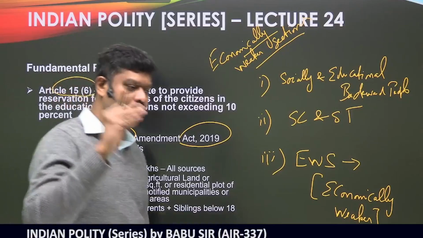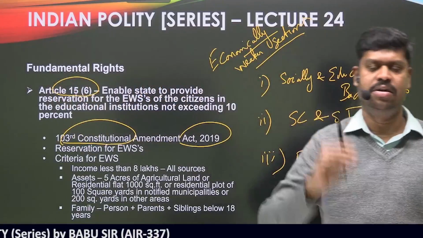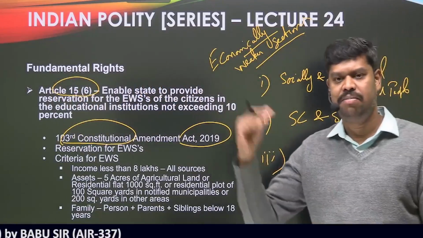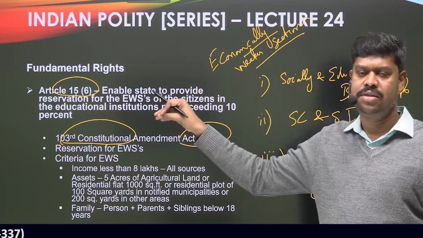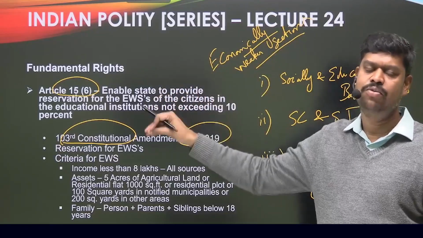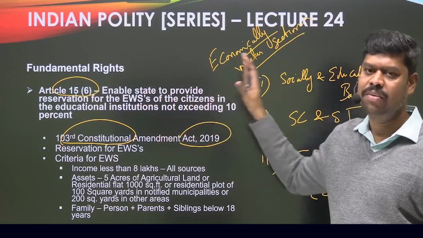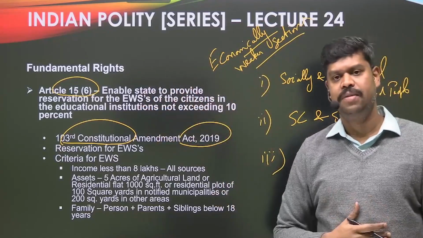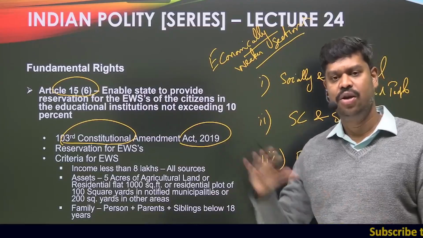So in order to provide reservation to the economically weaker sections, up to 10% in educational institutions, be it public or private, Article 15 Clause 6 was inserted as an enabling provision in the Constitution by the 103rd Constitutional Amendment Act in 2019.